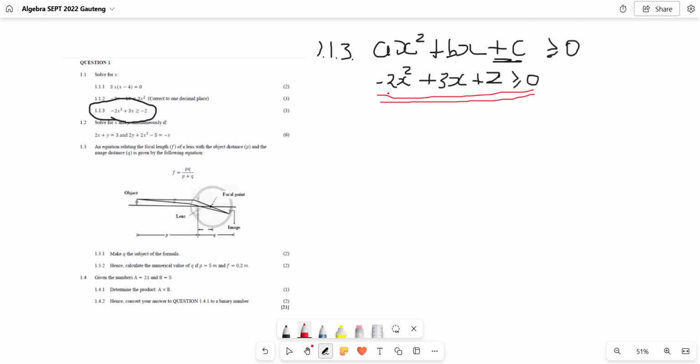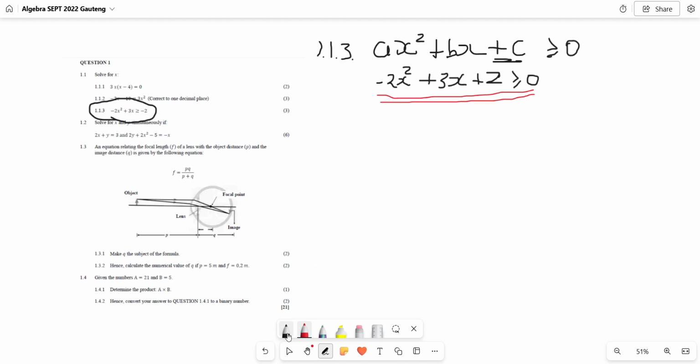We are looking for all values of x, not just 2, not just 1, not just 3. When we plug them where we see an x and punch that into our calculator, we need to get 0 and only positive numbers, because the inequality says greater than or equal to 0.